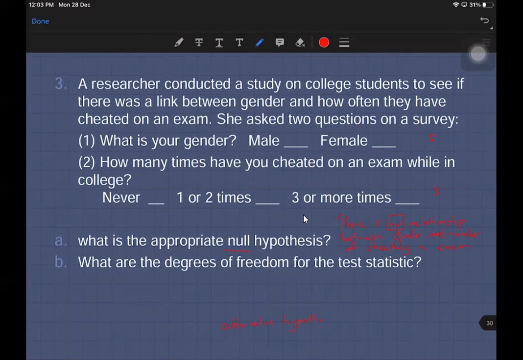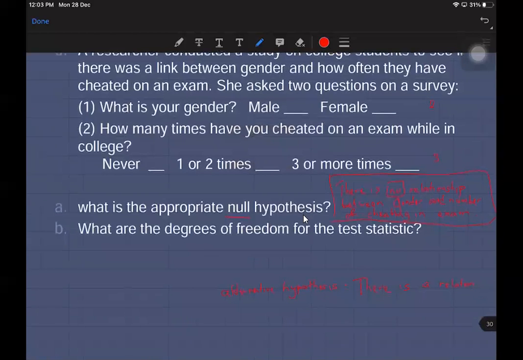Use the same one, but you start with there is a relationship between gender and number of cheating in exam.